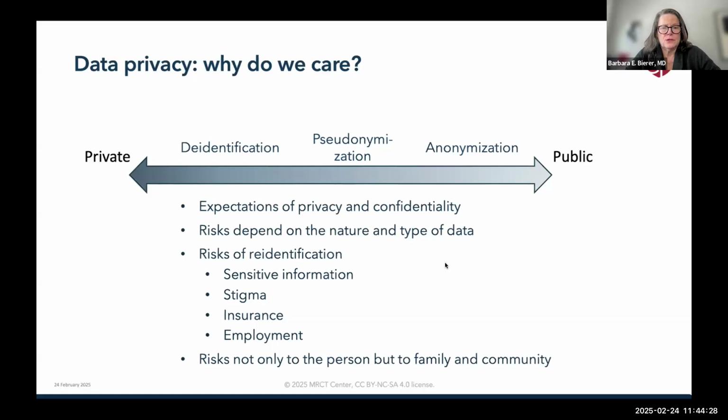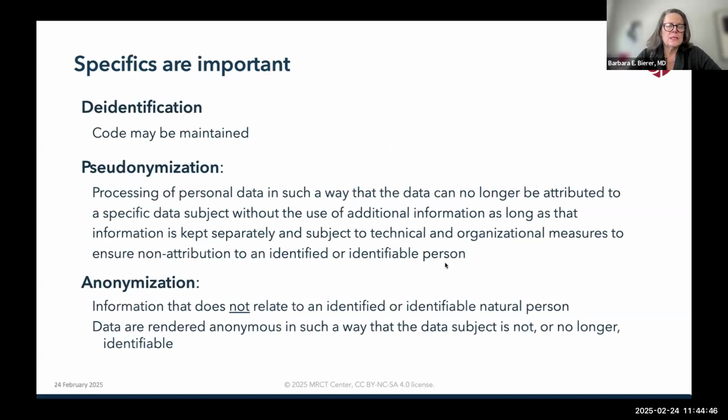And here we have something called de-identification, where we strip information from the data so that it's not easily identifiable. But trust me, much of this is identifiable, particularly if you're able to triangulate this data with other data sources. So what is de-identification? It's where there is a code linking your information to yourself, but the direct identifiers, your name, social security number, IP address, etc., are stripped from the data set.